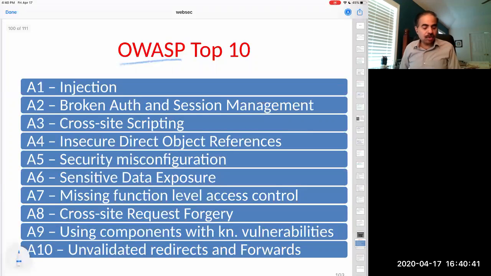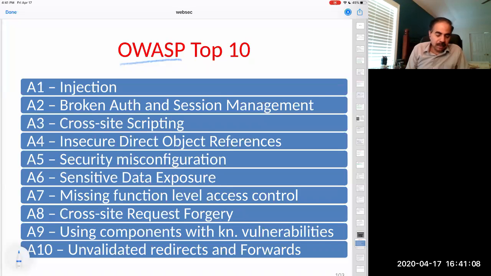OWASP is an organization which identifies some of the common vulnerabilities in web applications. We have mentioned this organization before in the software vulnerabilities unit, and they identify a top 10, as compared to another list that we have talked about, which is the Common Weakness Enumeration top 25.